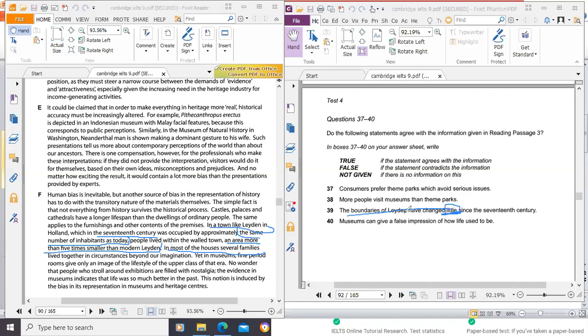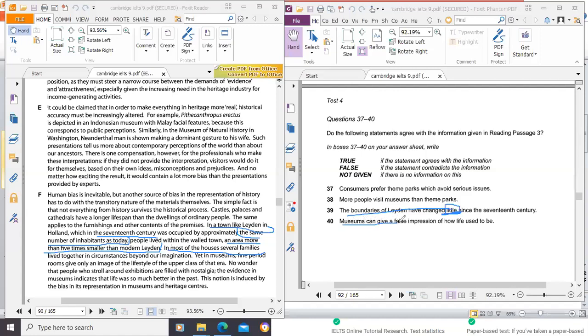So the answer to this one is false. That's straightforward. Is it confusing? No, this one is very clear.